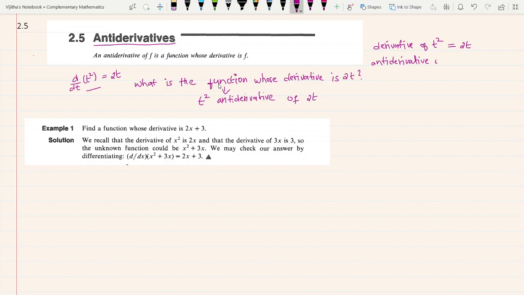So this is the meaning of antiderivative. The derivative of t square is 2t and the antiderivative of 2t is t square. So if we know the derivative, we can write the corresponding antiderivative.